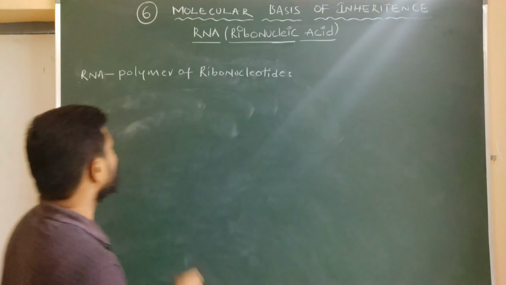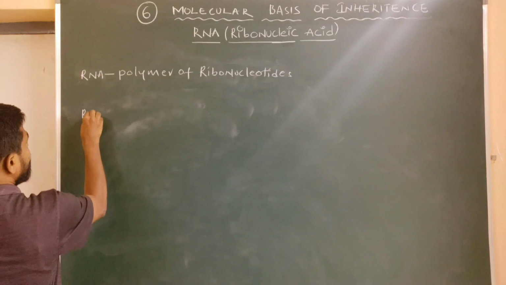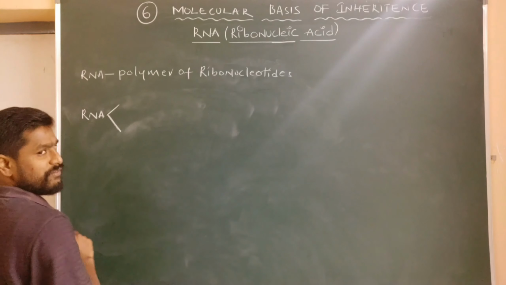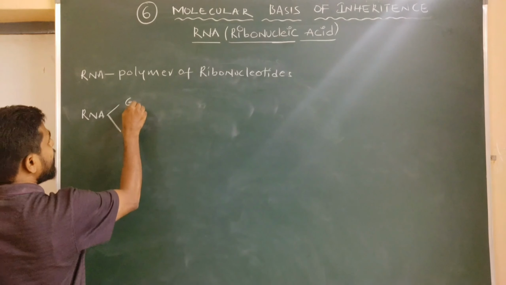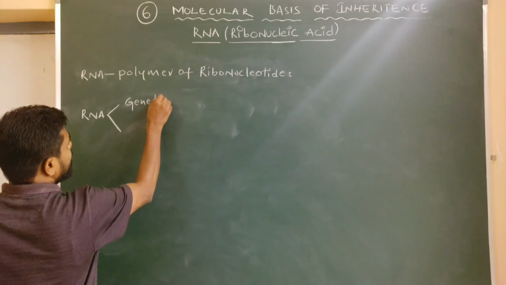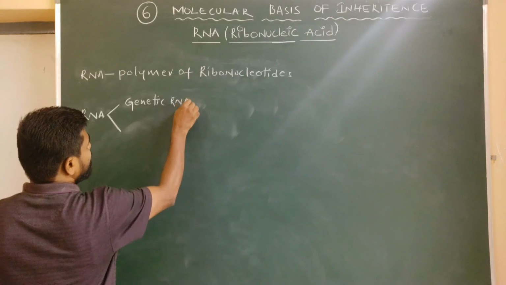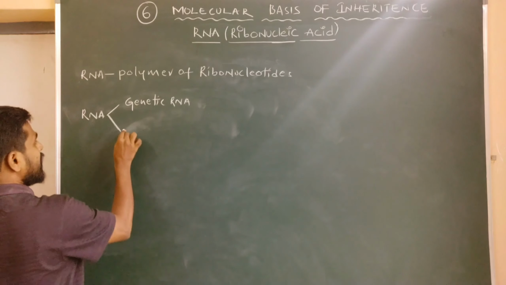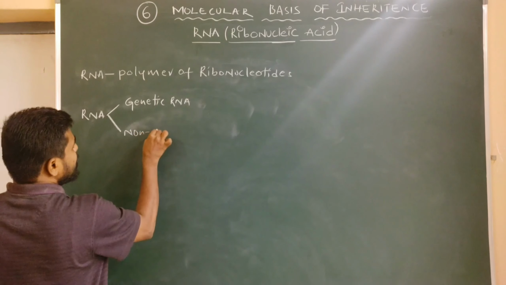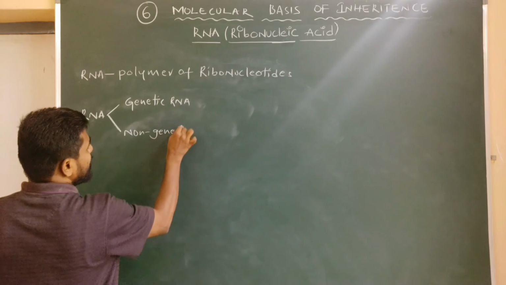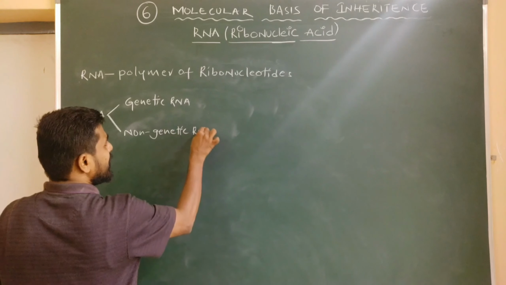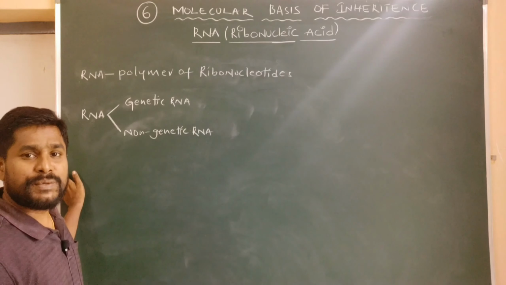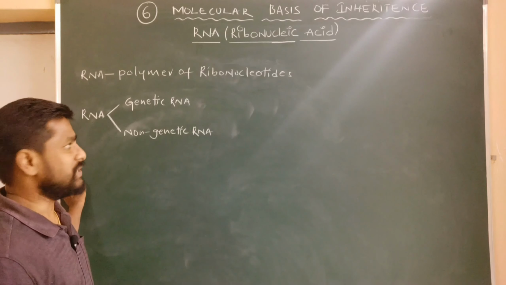Here I categorize the RNA mainly into two groups based on their function and distribution. What are those two groups of RNA molecules? Based on function, the RNA is of two types. One is genetic RNA, nothing but RNA acts as a genetic material in the organisms. And another one is non-genetic RNA. Non-genetic means RNA in the organisms cannot act as a genetic material but is involved in different functions.